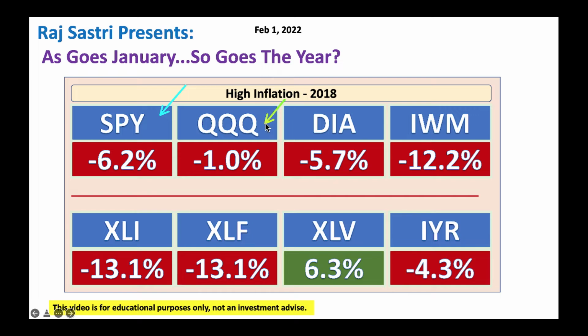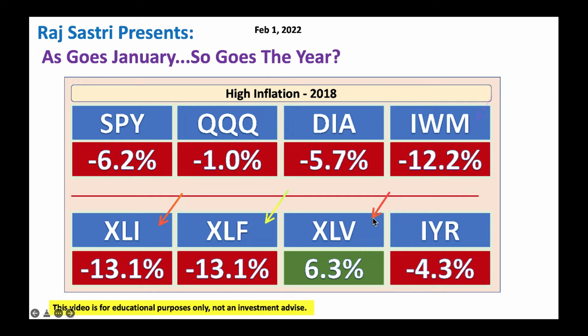Nasdaq tumbled again 1%, which felt pretty okay. As you can see here, Dow Jones Industrial Average tumbled, and look, small caps took pretty heavily here, down 12% in 2018. And then you got industrials down 13%, financials also down 13%.